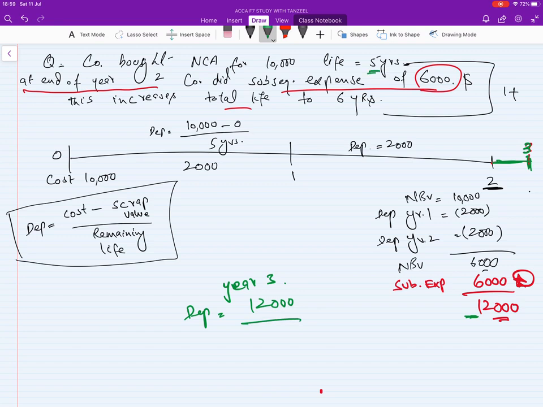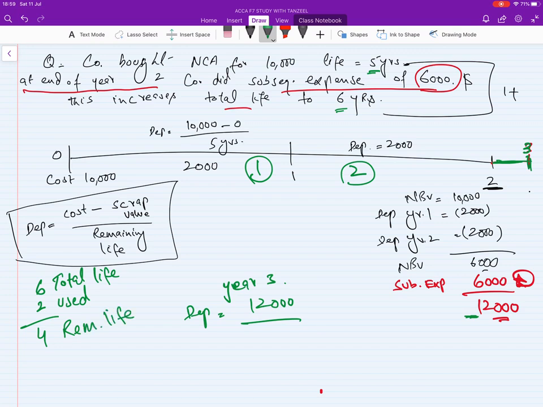Previously it was 5 years, now it's 6 years. And how many have you used already? Year 1 and year 2, you have used 2 years. Total life is 6 years, used 2 years. How much remaining life is there? Remaining life is 4 years.